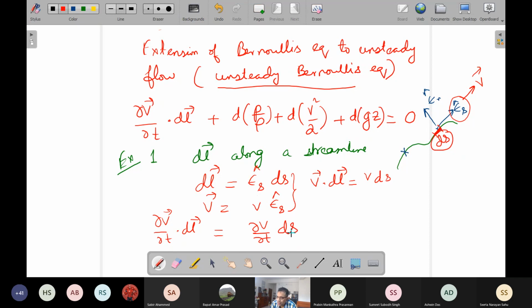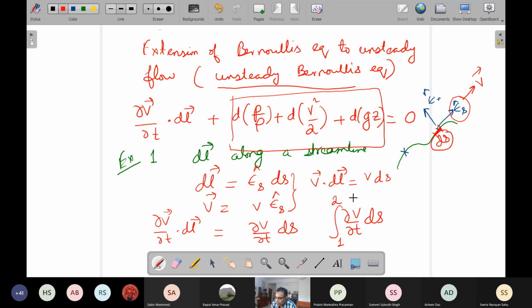So if you are integrating the left hand side of the Bernoulli's equation with all the steady terms, you can also integrate this along a streamline, maybe from point 1 to point 2. That is the only additional term when the Bernoulli's equation is extended to unsteady flow along a streamline.